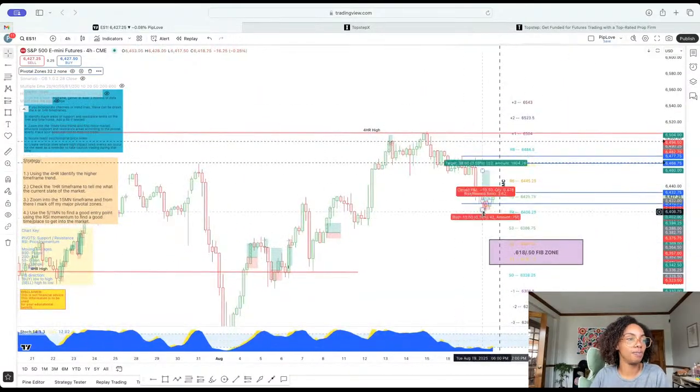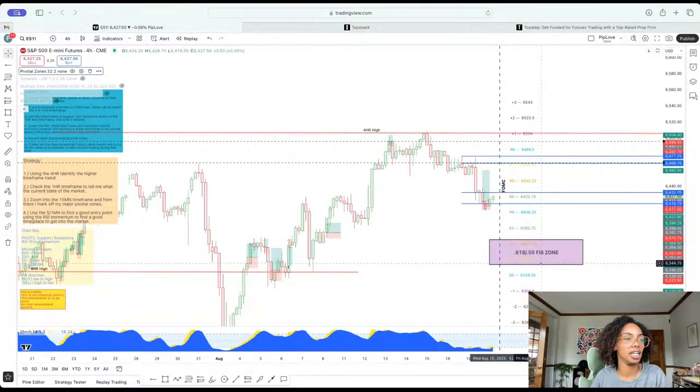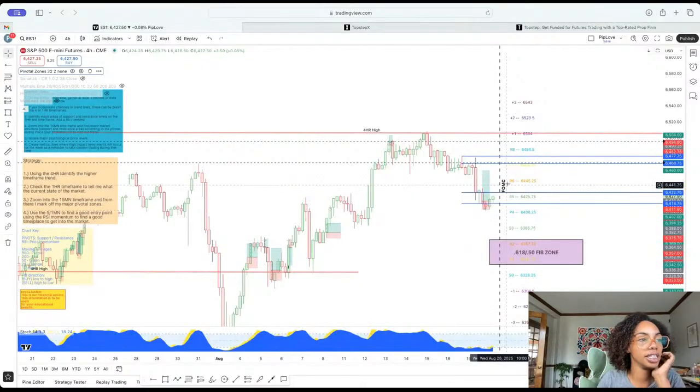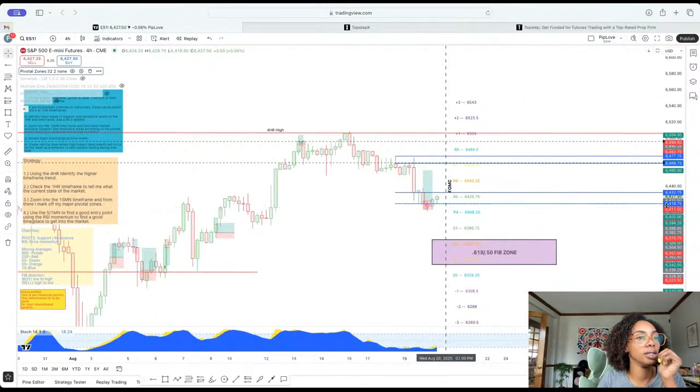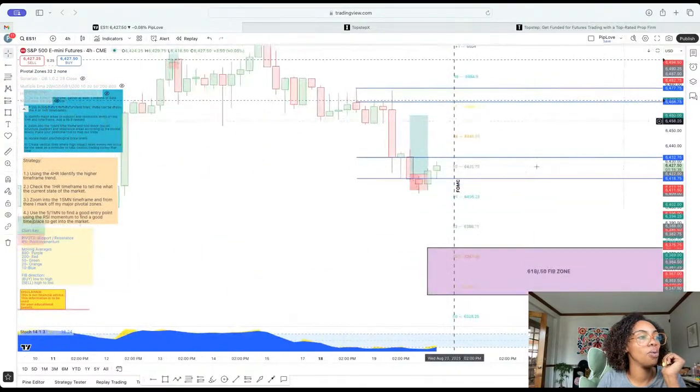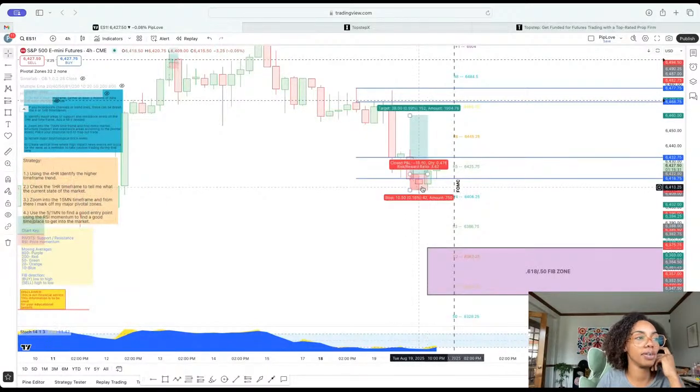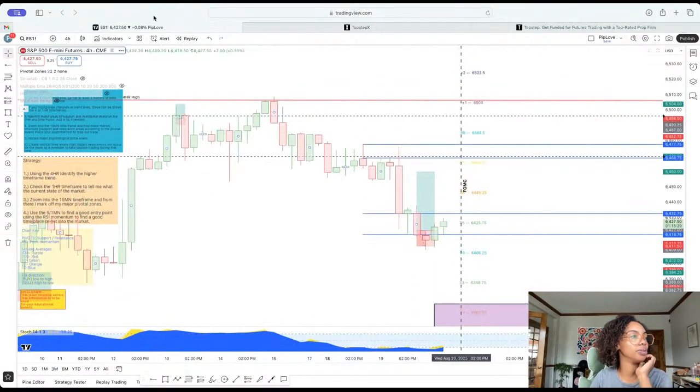Okay, so if price continues to make lower lows, I'm looking for price to continue to sell and looking for a pullback to this area here. Ultimately, what does it want? Once price breaks below this 64.10 area. Right now, what is the market doing?